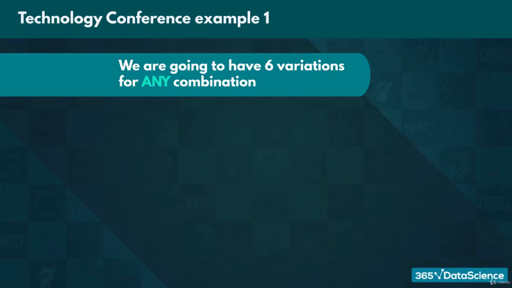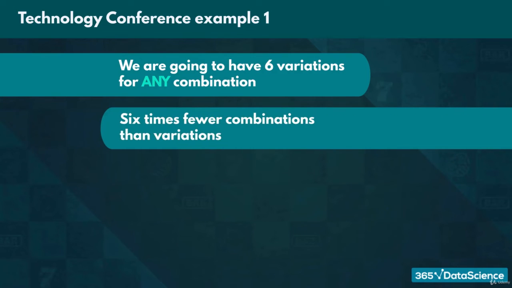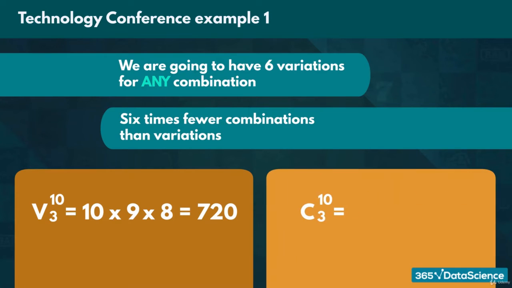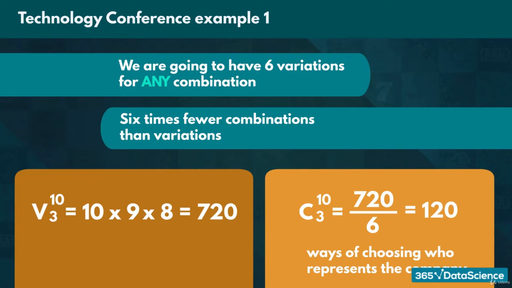This means that we are going to end up with 6 times fewer combinations than variations. Using the formulas we already know, there are 10 times 9 times 8, or 720 variations. In terms of combinations, we have 720 divided by 6, or 120 ways of choosing who represents the company.